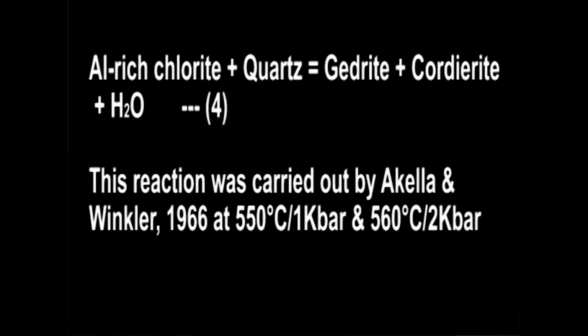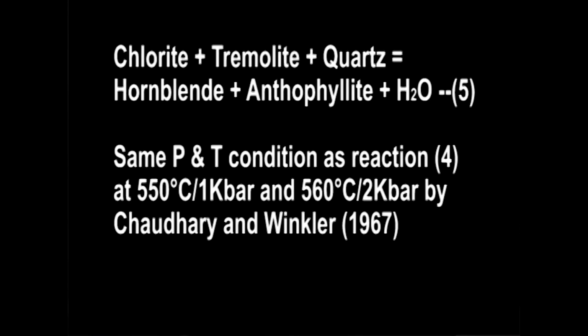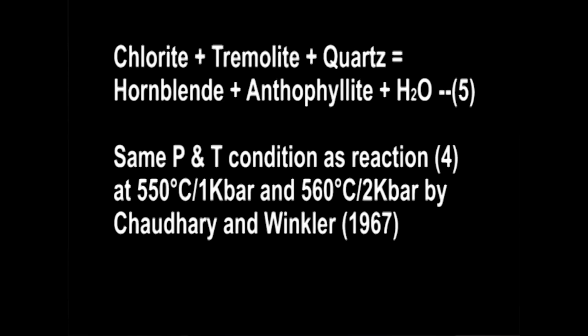at 550 degree centigrade 1 kilobar and 560 degree centigrade 2 kilobar. Another reaction is chlorite plus tremolite plus quartz give rise to hornblende plus anthophyllite plus water at the same PT condition as reaction 4, that is 550 degree centigrade 1 kilobar and 560 degree centigrade 2 kilobar by Chaudhary and Winkler 1967.